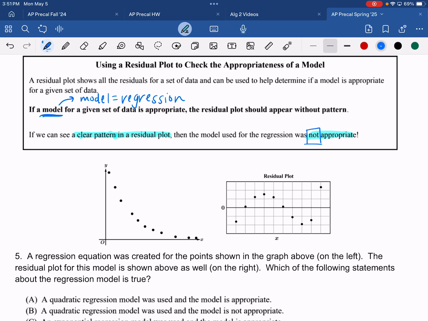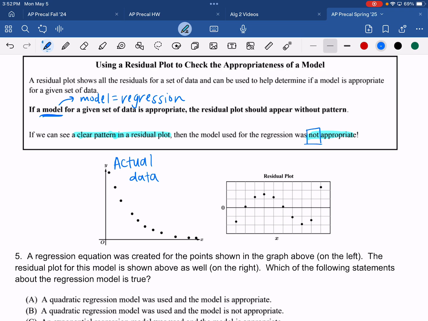So they could refer to it as the regression, they could refer to it as the model. All right, so let's look at this problem. It says a regression equation was created for the points shown in the graph above on the left. The residual plot for this model is shown above as well. Which of the following statements about the regression model is true? On the left, they're not showing us a regression. They are showing us actual data.